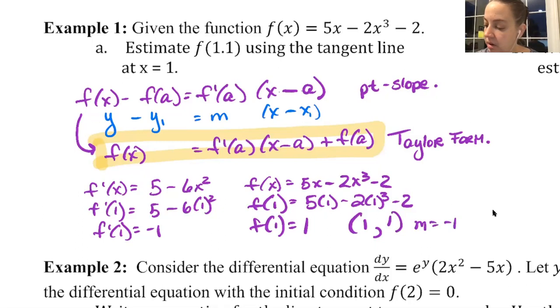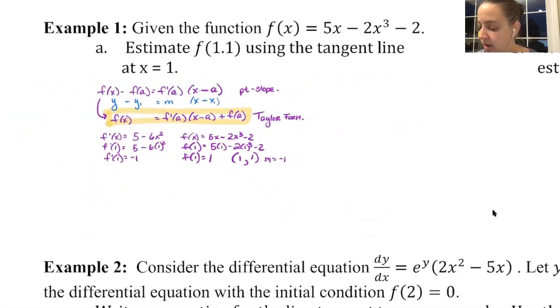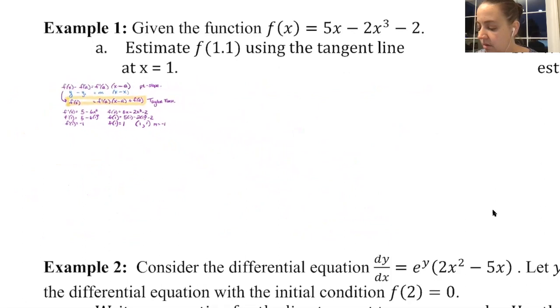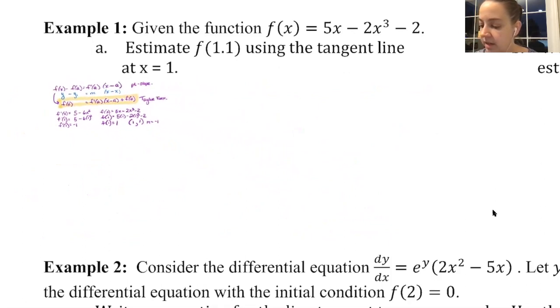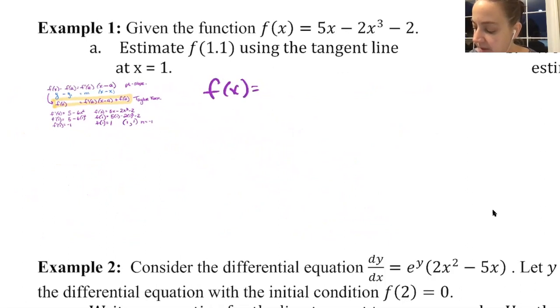Now, let me see if I can shrink all this so we can still do some work here. Hey, look at that. It's a little teeny tiny, but if you need to go back, you can. So we know that we have f of x equal to f prime of a, which we said was negative 1, times x minus 1 plus 1.